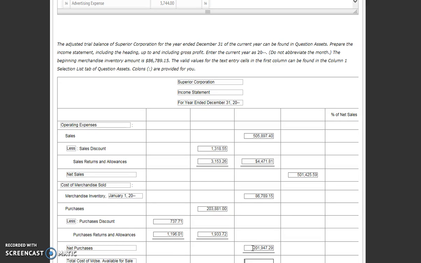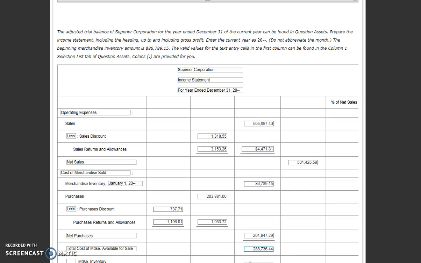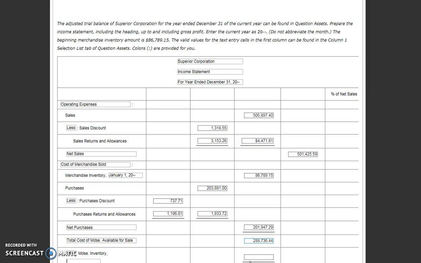Okay, this number is your 86,789 plus your 201, gives us 288, less merchandise inventory in December. Let's see what that was.